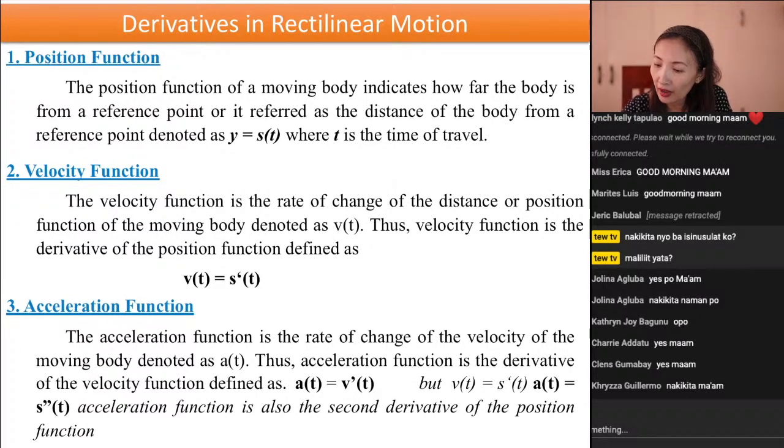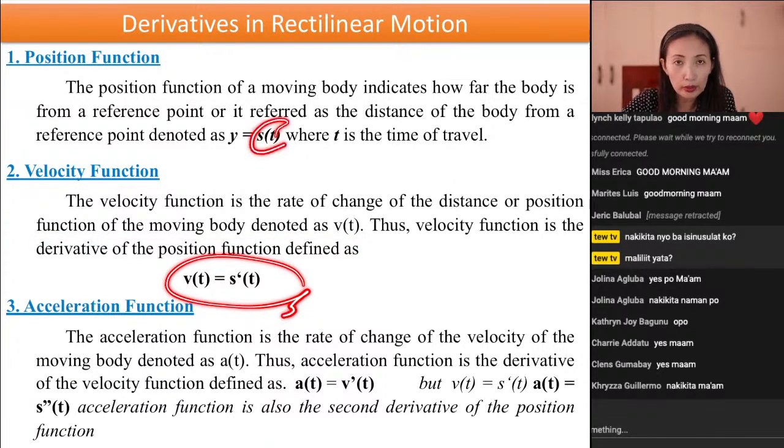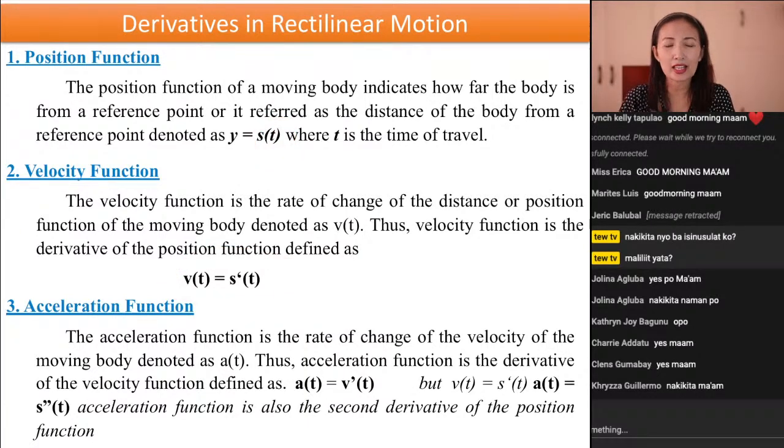The velocity function is the rate of change of distance, or position, with time: V of t, or simply S prime of t. Given S of t, how do we get the velocity? Differentiate with respect to time, S prime of t. And how about acceleration?